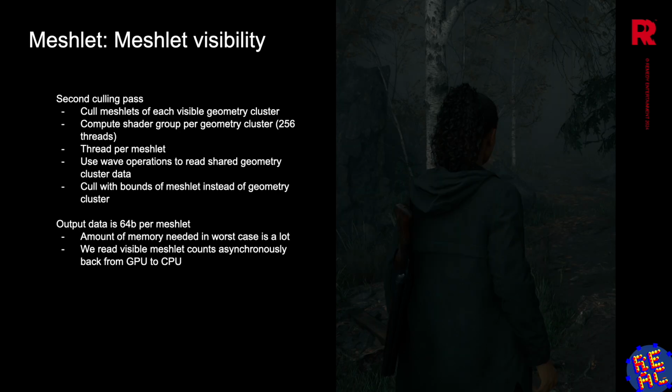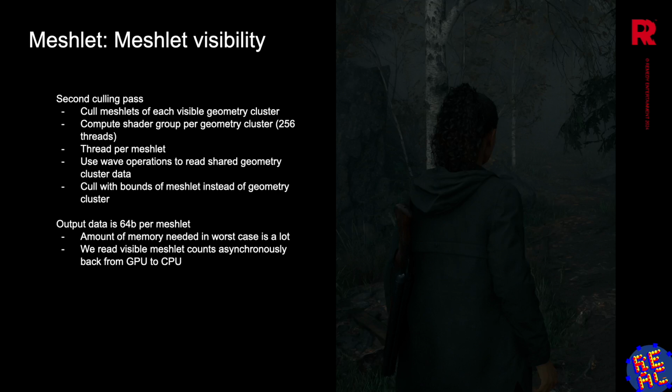The second culling pass is reading the previously computed visible clusters and does visibility culling for each meshlet. This is also a compute shader pass where each group is handling single visible cluster and each thread in the group computes visibility for a single meshlet.